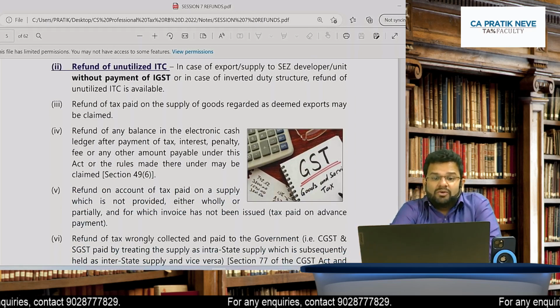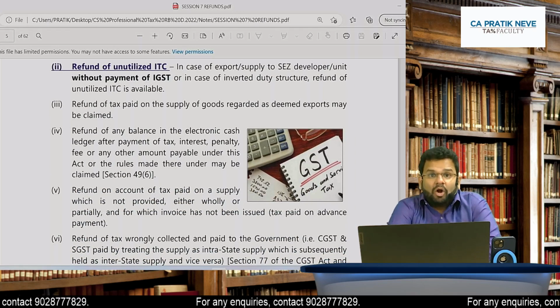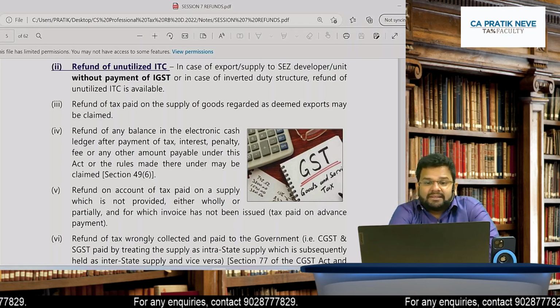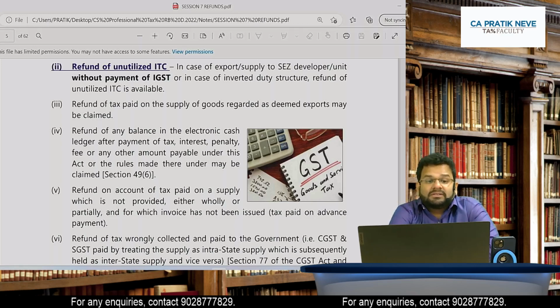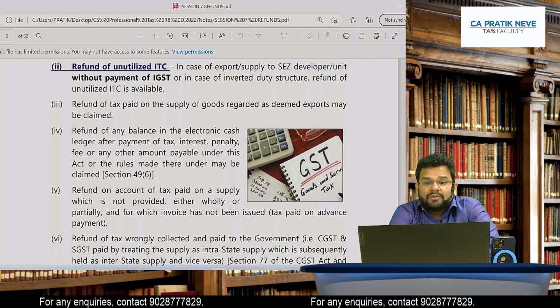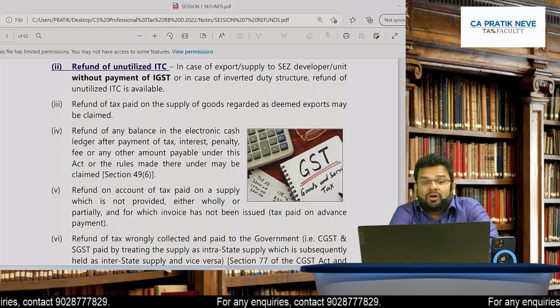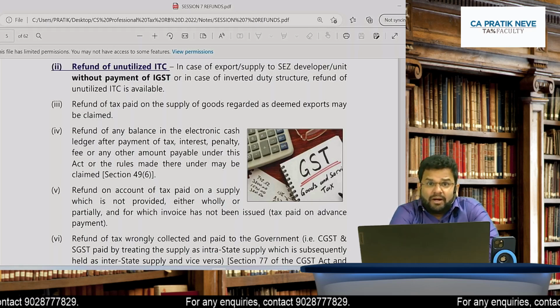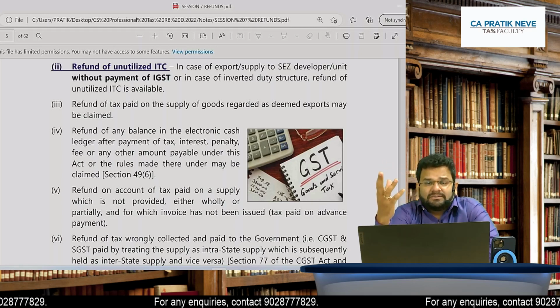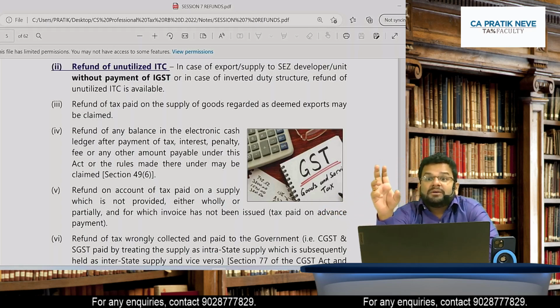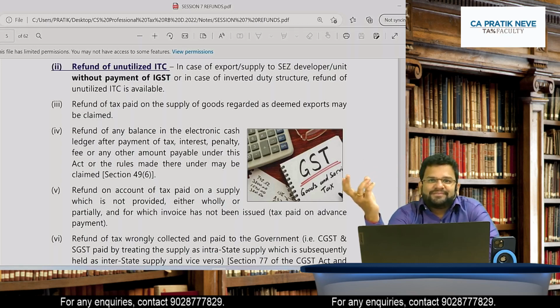Situation 2, when you get refund of GST, you get refund of unutilized input tax credit. See in which cases. So first is the case which I discussed with you: in case of export or supply to SEZ developer, SEZ unit without payment of IGST. So what happened? Ketki is an exporter. She purchased raw material worth 1 lakh plus GST of 18,000.